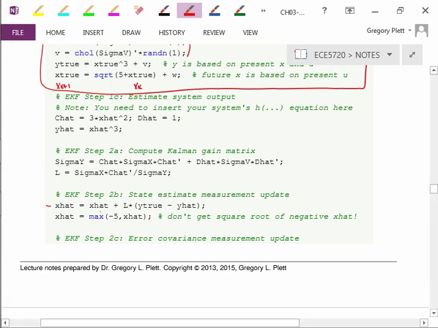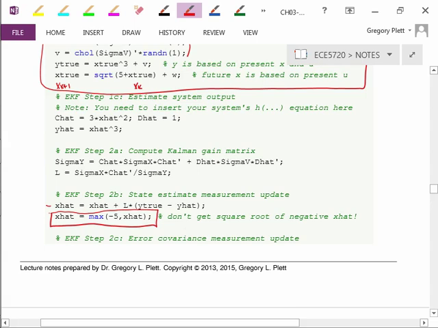And then we do something that's a little bit different from anything we've seen yet. This is not in the math anywhere. This is an ad hoc step added to increase the robustness of our filter. No one taught us that we had to do this, but if you run the code without this a few times, you'll find eventually it's going to crash unless we do this. So what's going on?